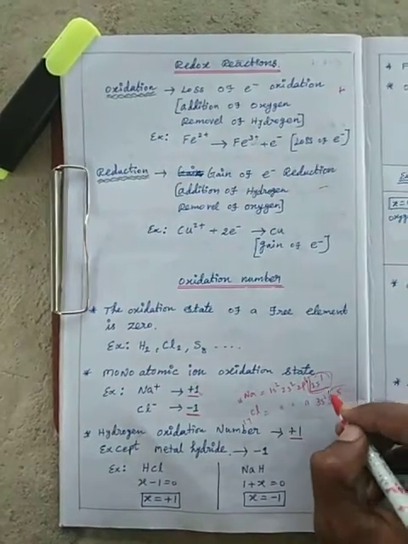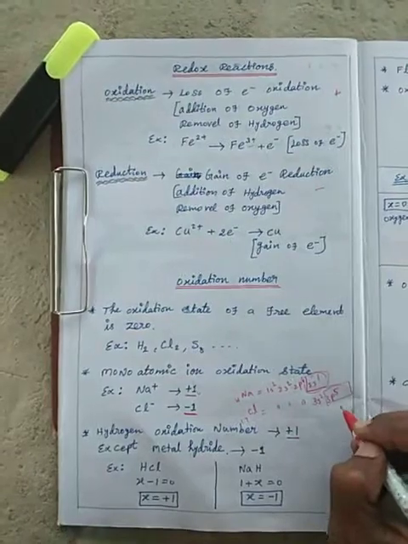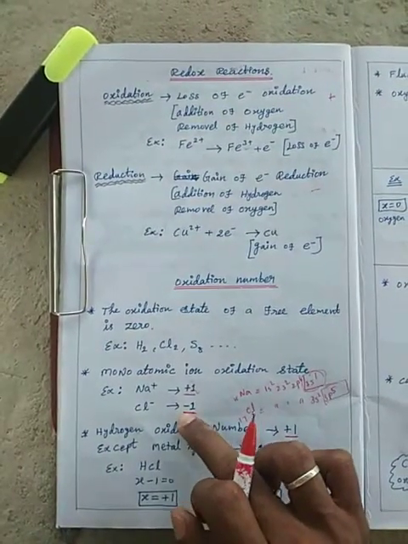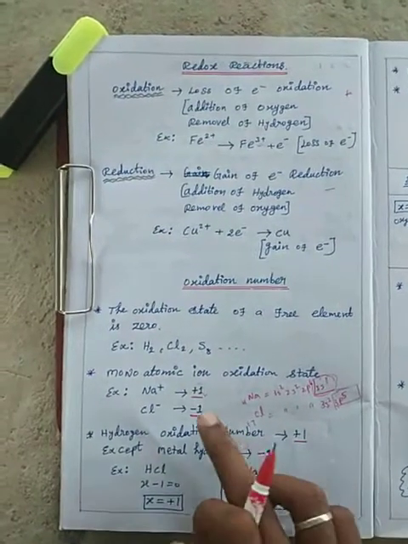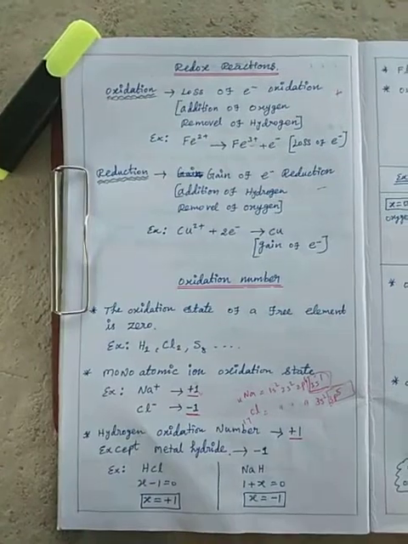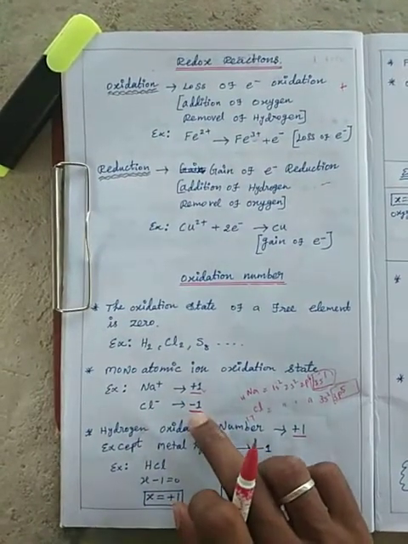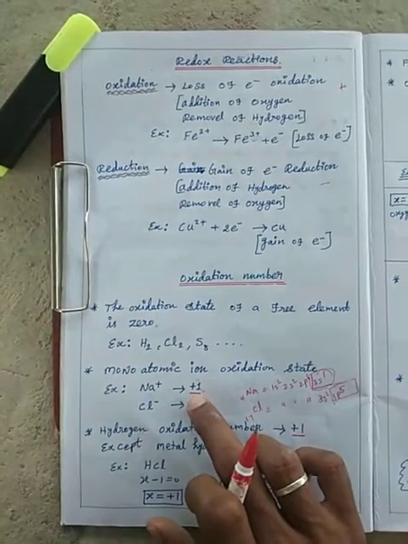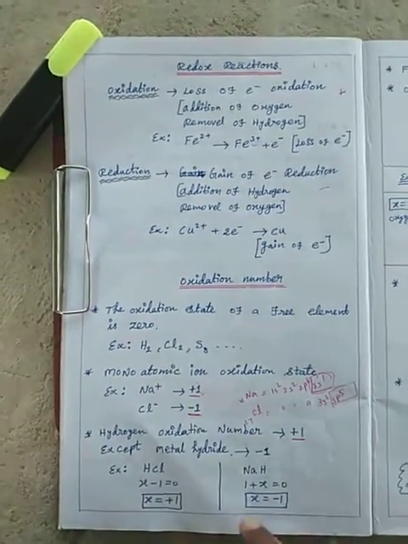Gaining 1 electron in the outermost subshell is possible, so chlorine is -1. Similarly, fluorine, chlorine and bromine gain 1 electron, so the oxidation state is -1. Sodium is +1.